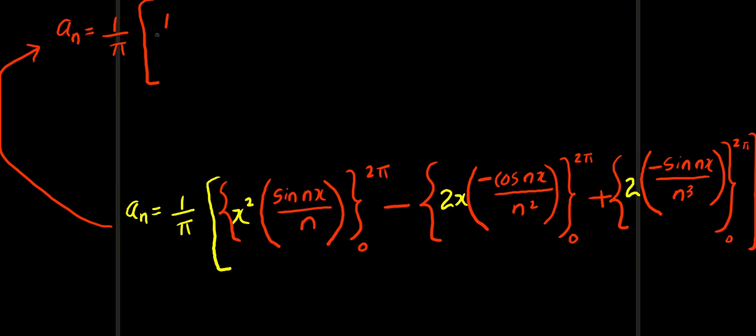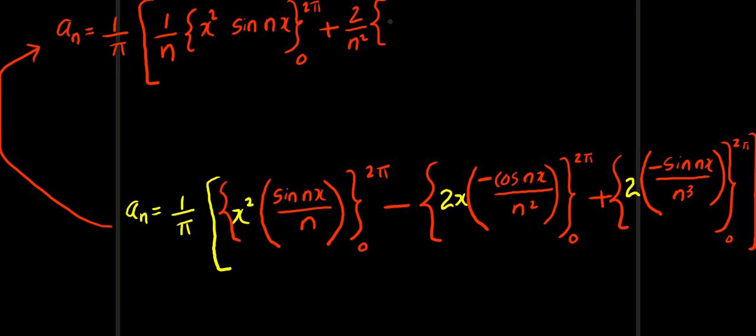So I'm going to write 1 by n and then x square sine nx within the limits 0 to 2 pi, minus, now tell me, minus and minus will be plus, and then the constants are 2 by n square. So just keep the constants outside and inside the bracket we have x cos nx within the limits 0 to 2 pi.